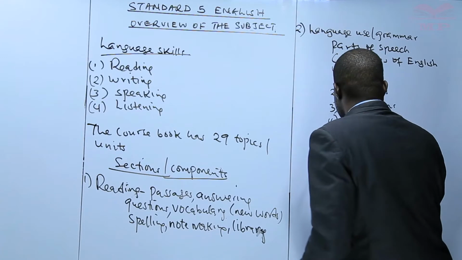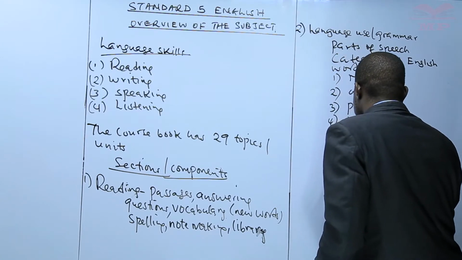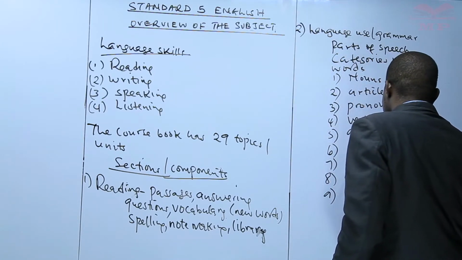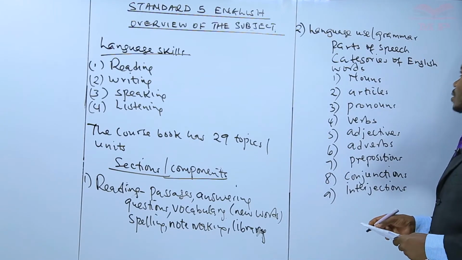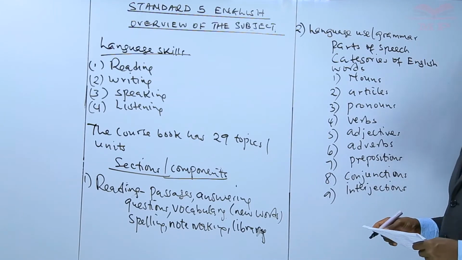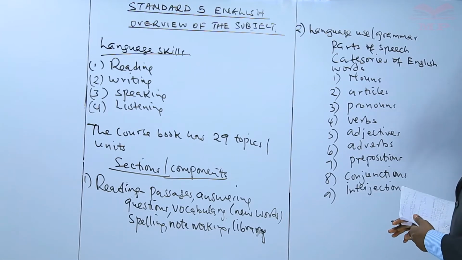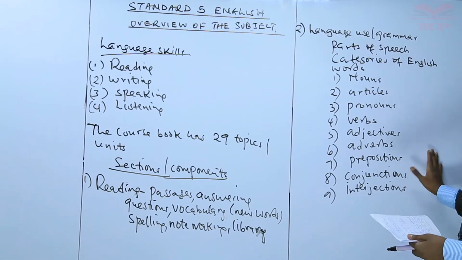And lastly, interjections. So all English words fall under these 9 categories.